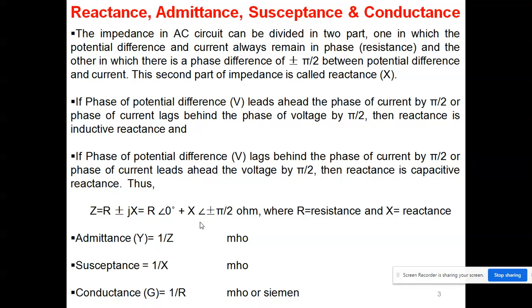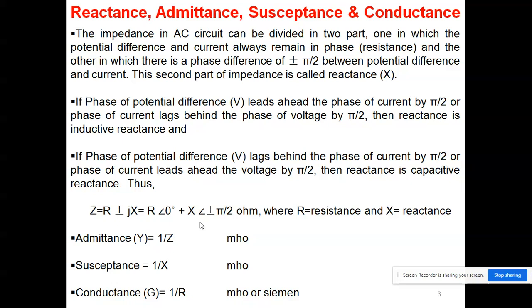If you want to define it in terms of the current, then if the phase of current lags behind the phase of voltage by pi by 2, it is inductive. Or if the phase of current leads ahead of the phase of voltage by pi by 2, then you will call it capacitive reactance.